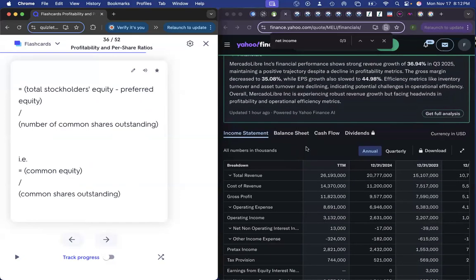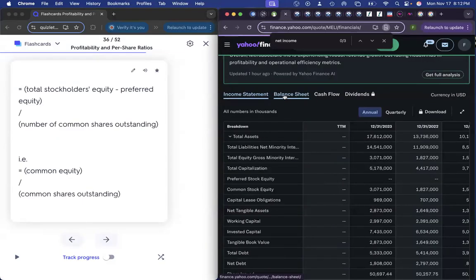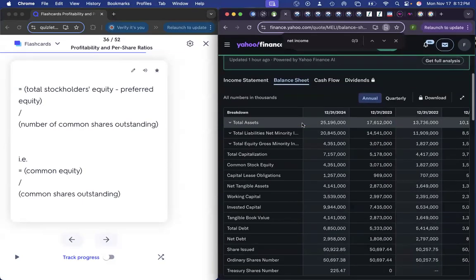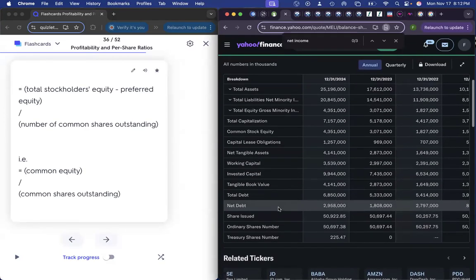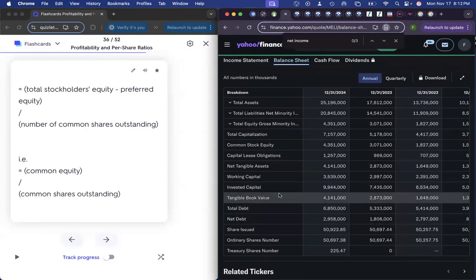So, going to the balance sheet, we have total stockholders' equity. That would be in 2024, these 50,000s and the 225, minus preferred equity, which is zero, but if there was, that would be here as well.